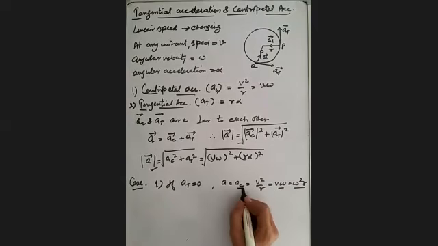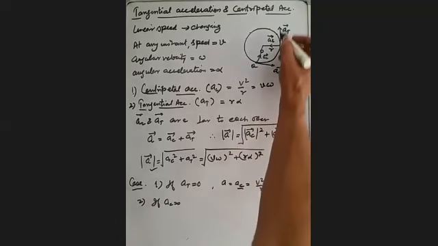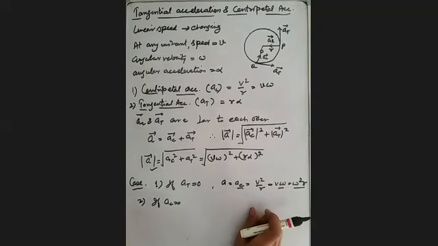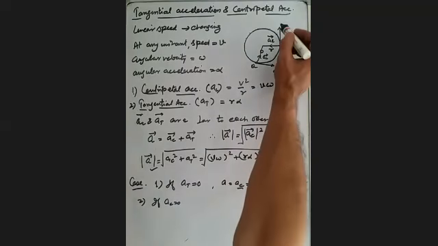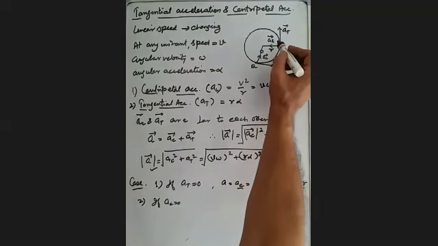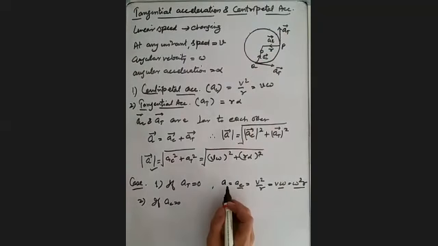So all three expressions are for the centripetal acceleration. Now case 2: if AC is equal to 0, that is centripetal acceleration is equal to 0, that means only tangential acceleration is acting on the particle. That means the particle is moving along a straight line, not along the circular path, because whenever the particle moves along a circular path, there is always a centripetal acceleration.